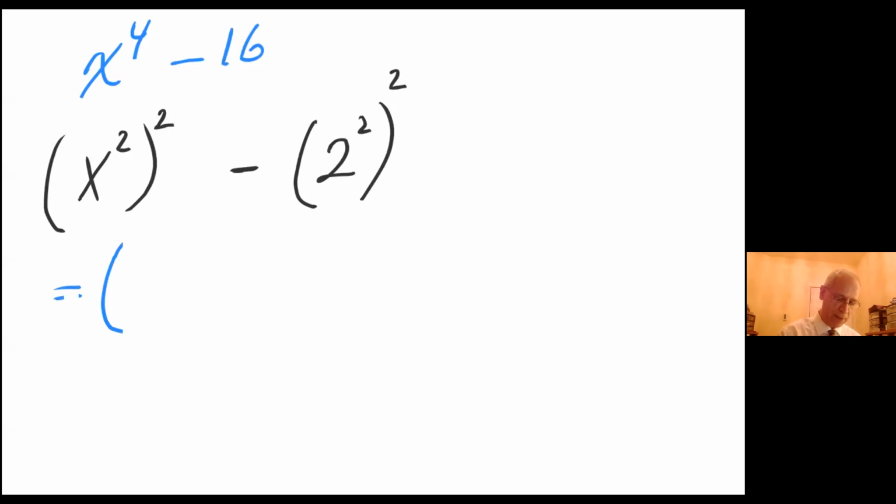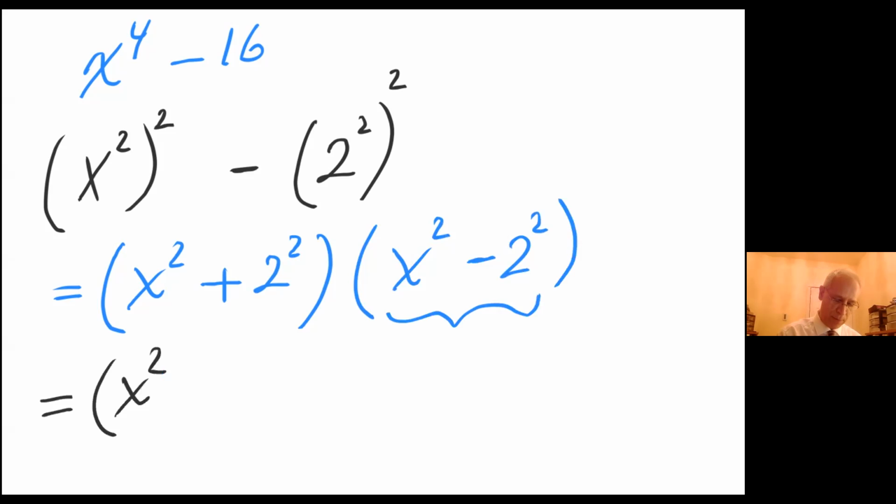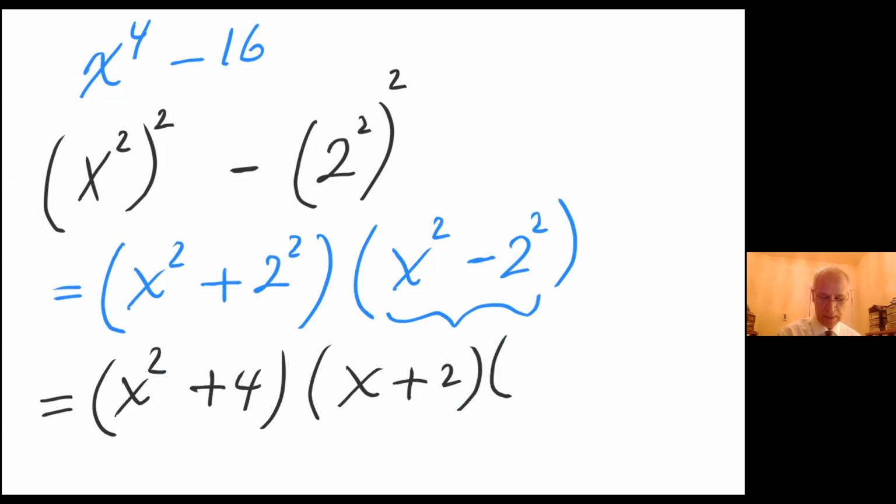The first term, x squared, plus the second term, 2 squared, which is a 4, times x squared minus 2 squared. Notice that I have difference of two squares here again, so I can continue. Here's my x squared plus 4, and the second parenthesis becomes x plus 2, x minus 2.